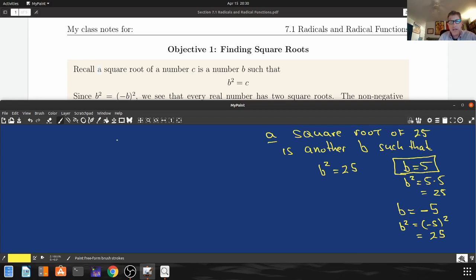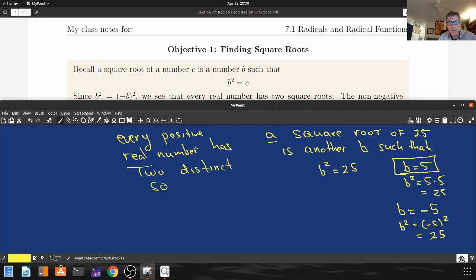So it turns out the following is true. Every positive real number has two distinct square roots.